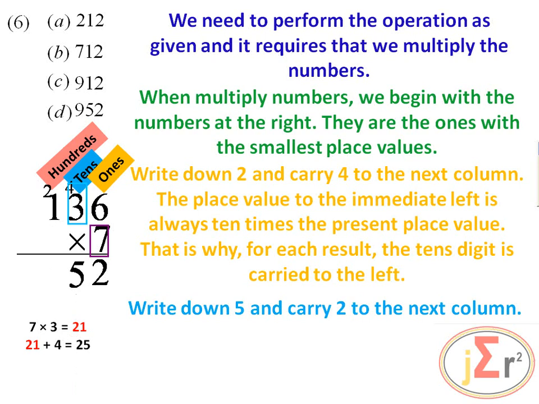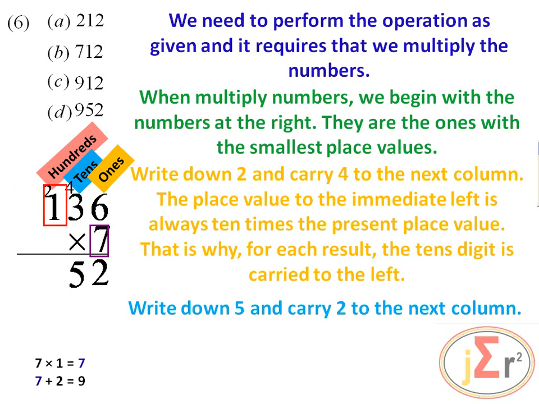We are doing that because of the 2 digits we are multiplying in the tens column. Therefore, this digit is the tens digit. This digit is of greater significance, so it is a hundreds digit. It is therefore carried to the hundreds place value column.